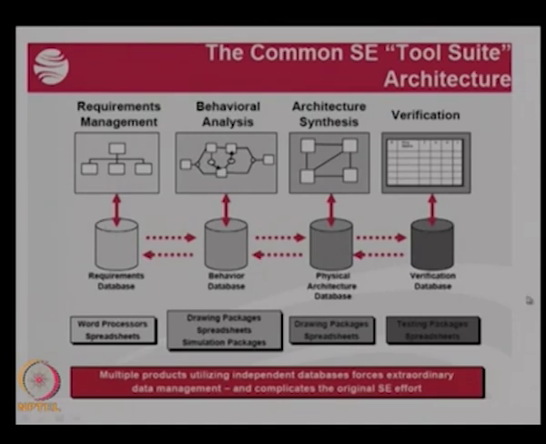So there will be multiple databases, and using these databases the requirements will be managed using the requirement database, and the behavior analysis will be carried out using the behavior database, and architecture synthesis will be done using physical architecture, and verification will be done using the verification database.